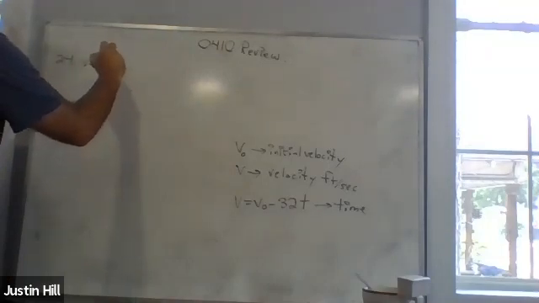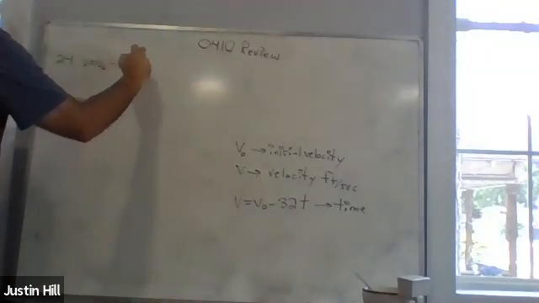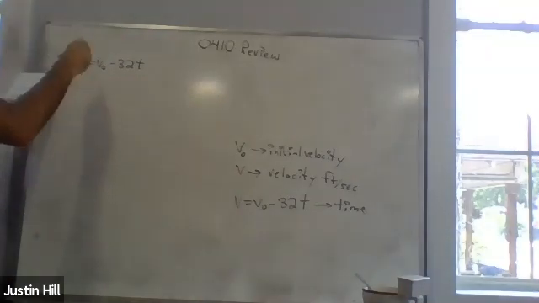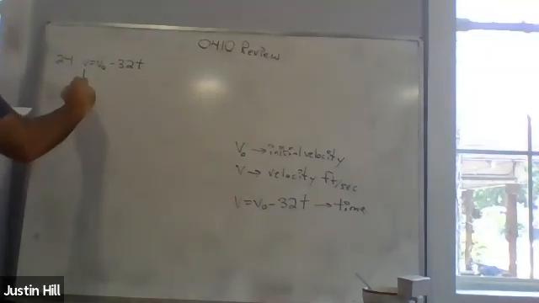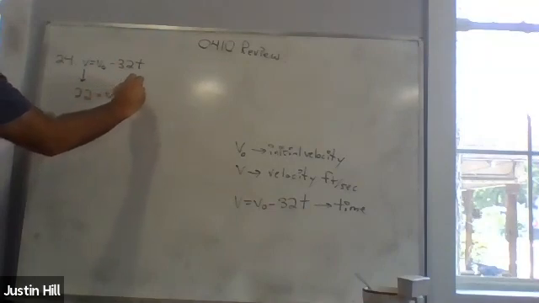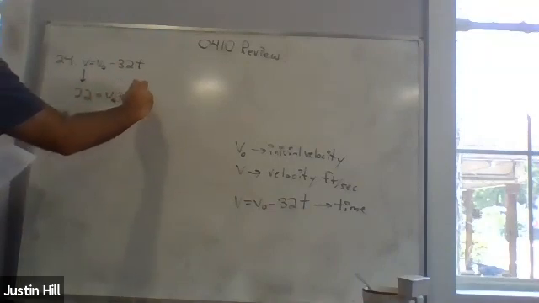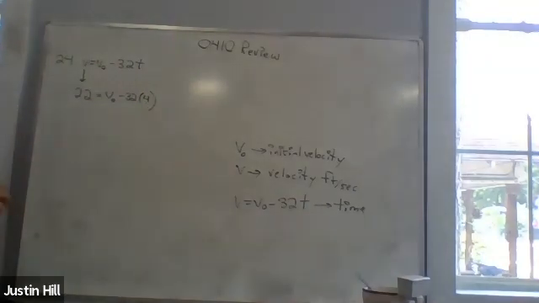So we've got V equals V naught minus 32 times t, but they tell me that my velocity is 22 feet per second, and that my time is 4 seconds. They want me to solve this or find V naught. So let's solve this equation.